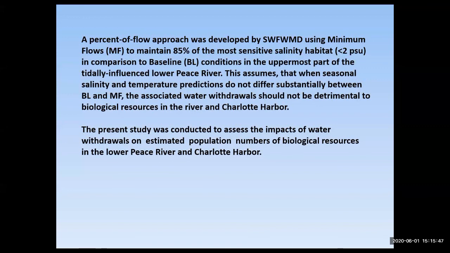They're concerned about managing the salinity habitat in the oligohaline section of the upper portion of the lower Peace River, and I guess also the lower Myakka River, but I'm not talking about that. So we want to compare baseline conditions in the uppermost part of the tidally influenced lower Peace River. This assumes that when seasonal salinity and temperature predictions do not differ substantially between baseline and minimum flows, the associated water withdrawals should not be detrimental to biological resources in the river and Charlotte Harbor.